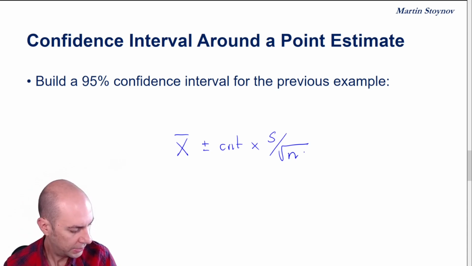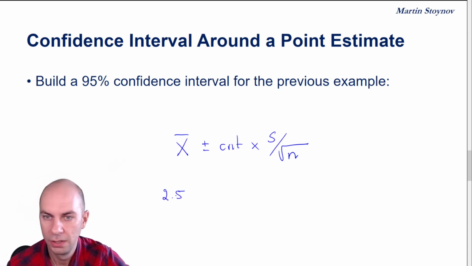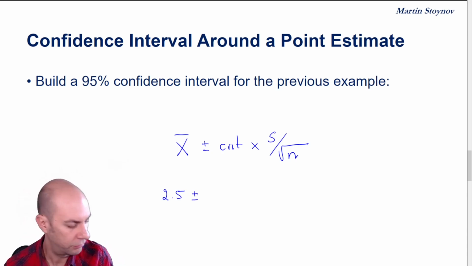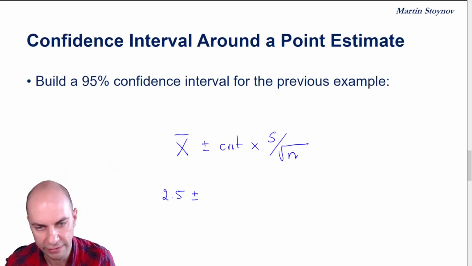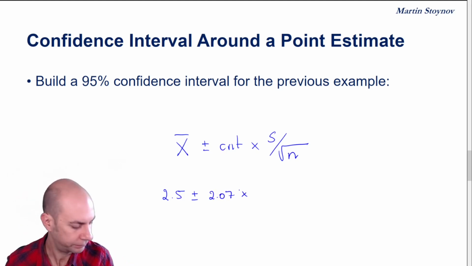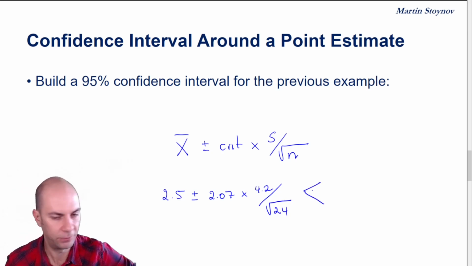So I have 2.5, which was my sample mean. Then I have the critical value, which we said was 2.07, rounded to 2 decimal places. Then I had the sample standard deviation at 4.2, and the square root of the sample size, 24 months.